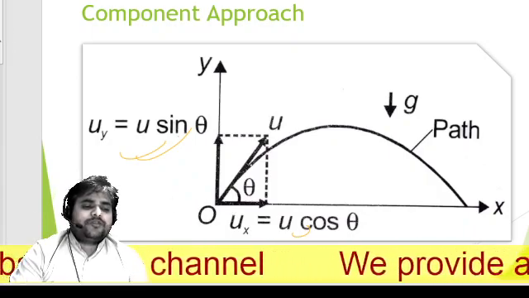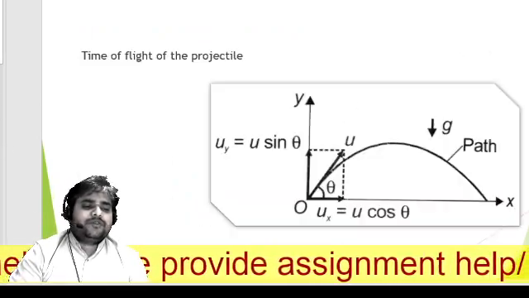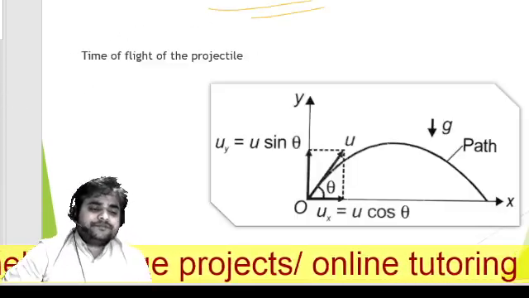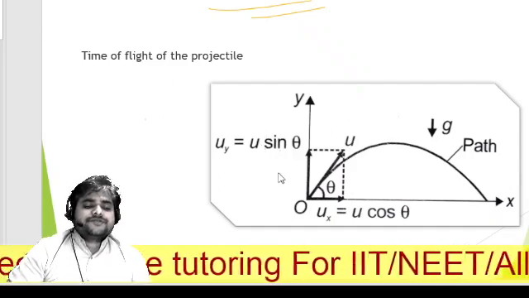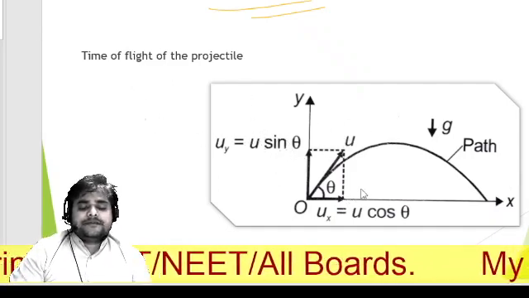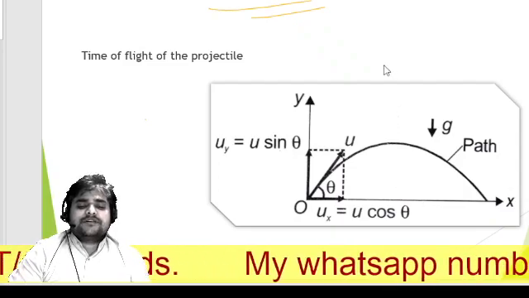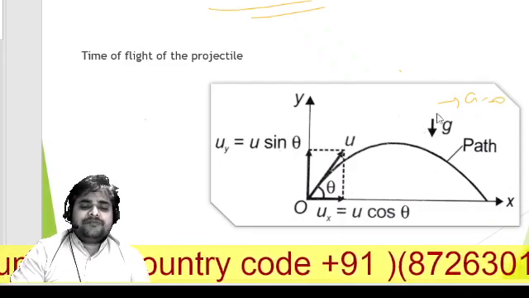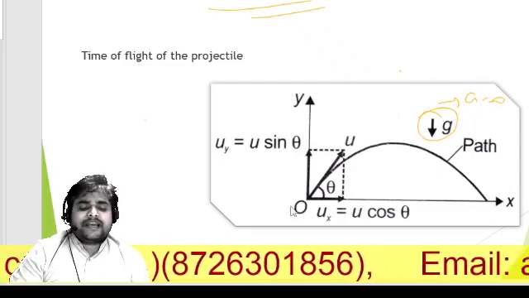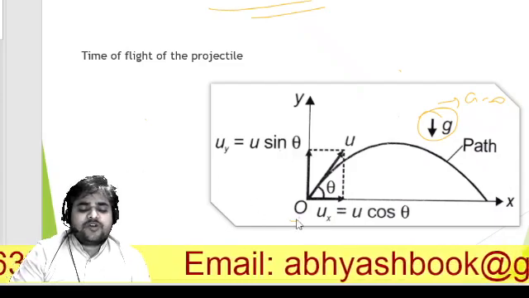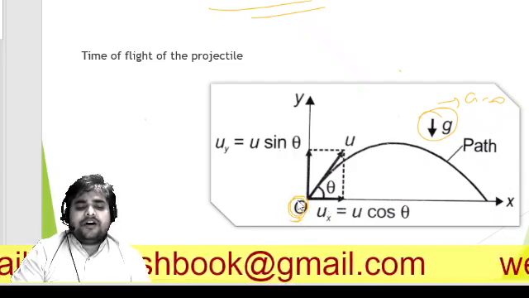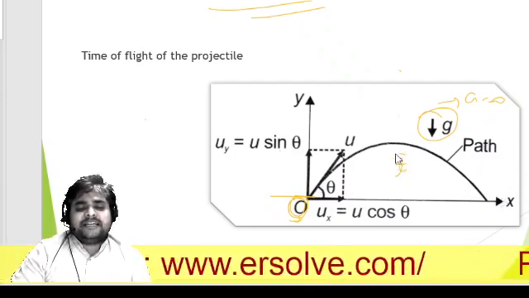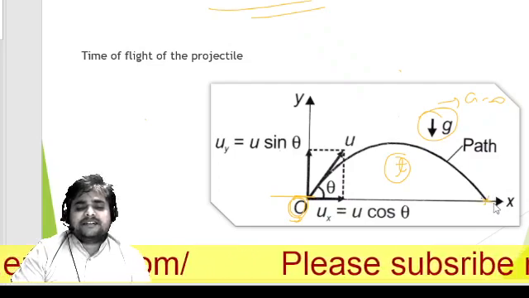Now we are going to find the time of flight of the projectile. Along the horizontal direction, the net acceleration on the object is 0, but in the vertical direction g is working. At t equals 0, the object is on the horizontal ground, and after some time t, let's suppose the object is at a certain distance.